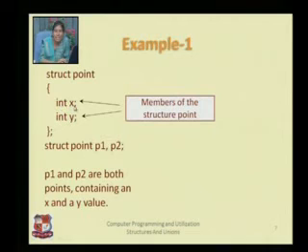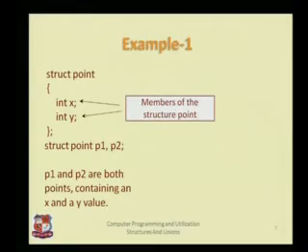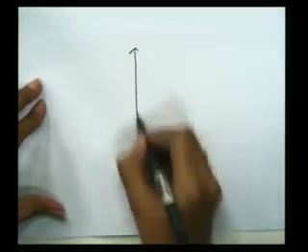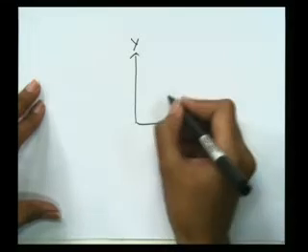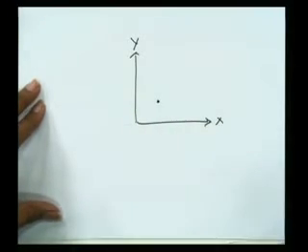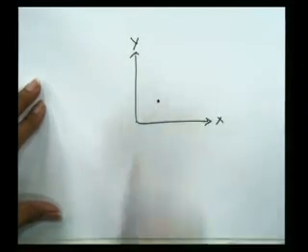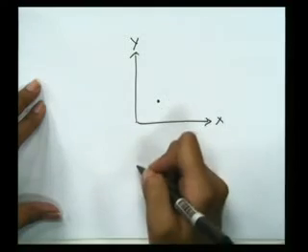Then integer x. So we are defining the first member variable, and that variable is x, which is of type integer. Now, as I said, I need a point in two-dimensional space. So let us take two-dimensional space with x and y coordinates, right? Suppose I want a particular point to be drawn over here. What would I need? I would need its x and y coordinates.